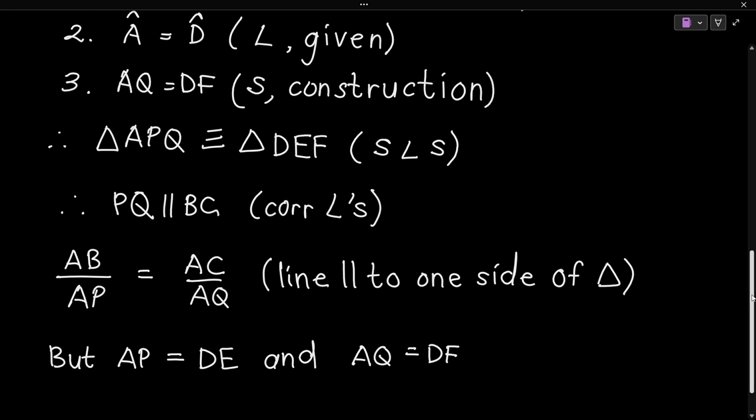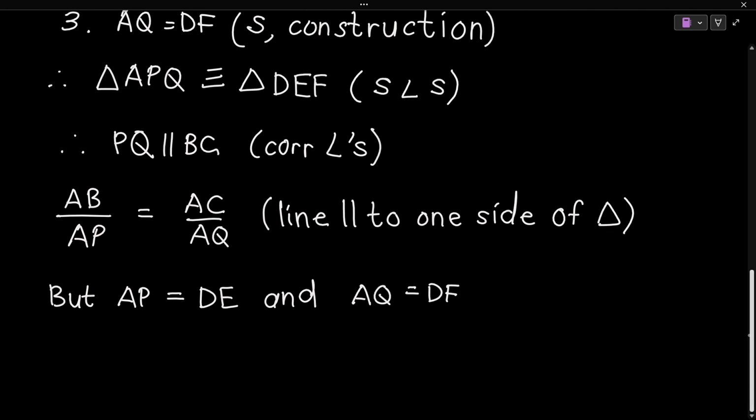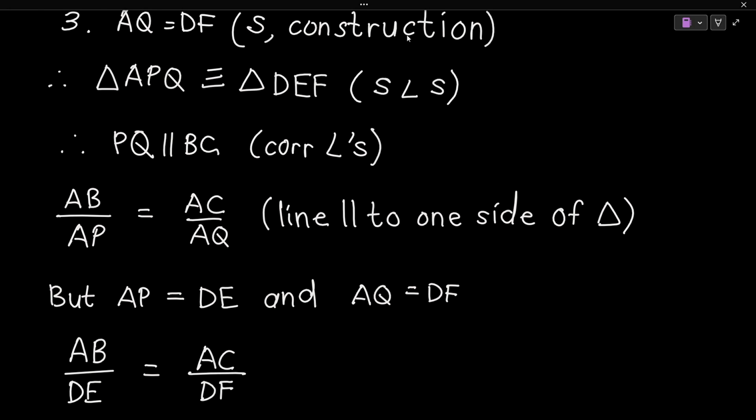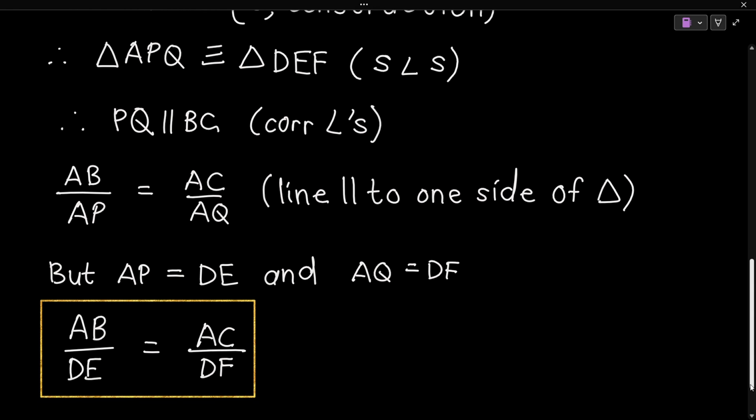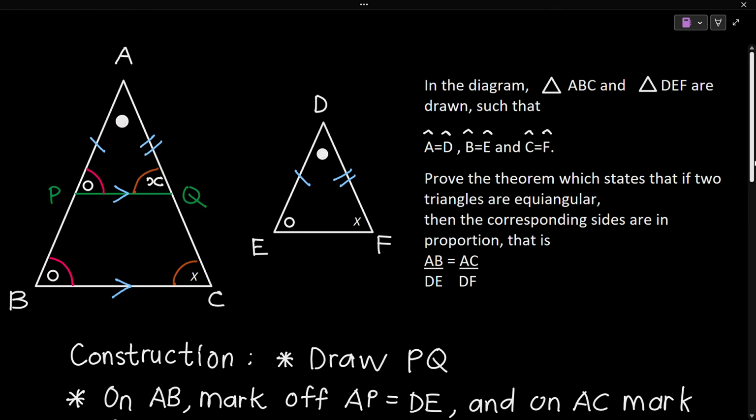So all we have to do now is, in these denominators, we are going to replace AP with DE, and we are also going to replace AQ with DF. And this ends up giving us the exact fractions that they wanted. Okay, so if we just scroll back up, we've got AB over DE equals to AC over DF.